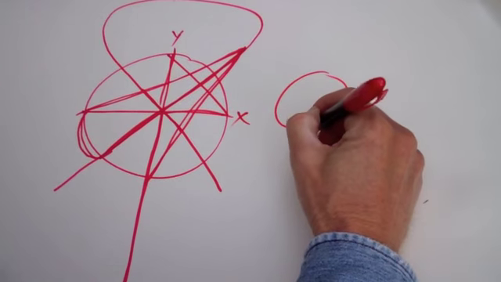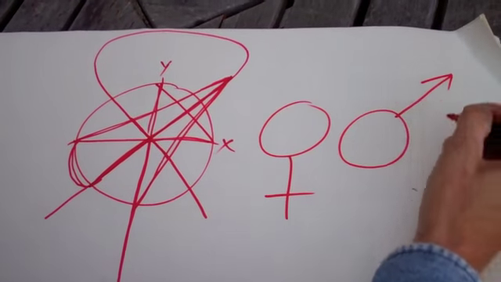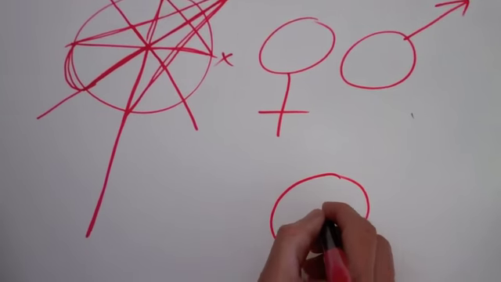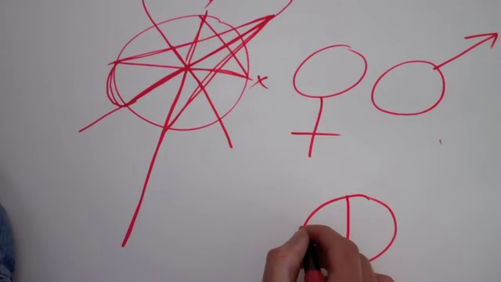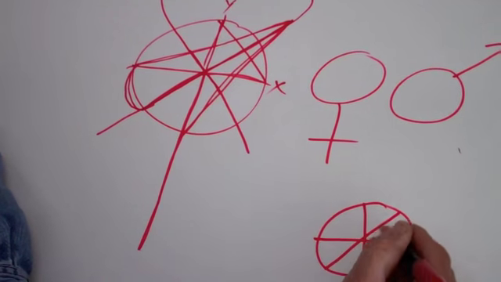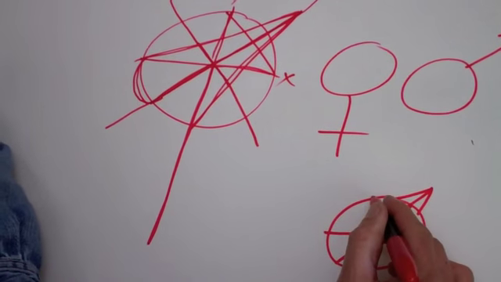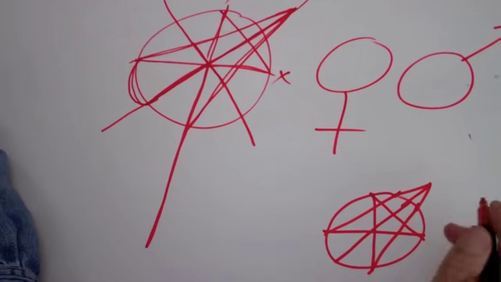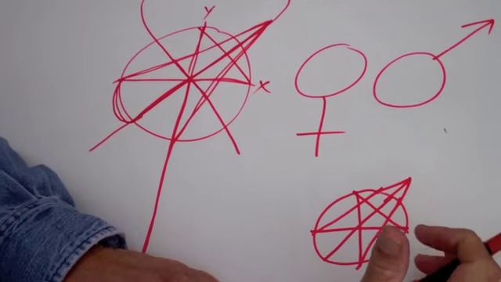Another way to see this is if you took the symbols of male and female, except you showed them like this, where you put the symbols inside. And then you united them, as I have done, to unite on the legs of the A, the male and female.